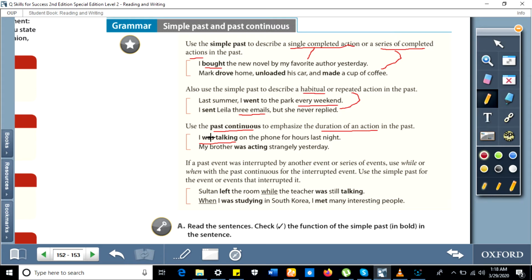The plural pronouns we and they, and also we use were with you.